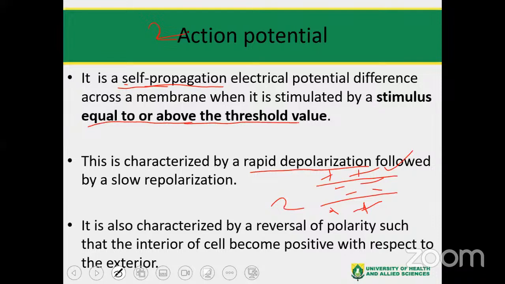It will die off. That is what we call local response. But when you touch and it's hot, that one gets to the brain. That one we call action potential. That is when there will be depolarization.